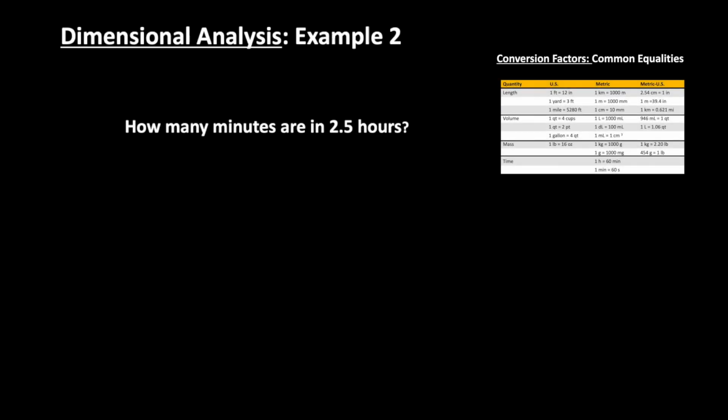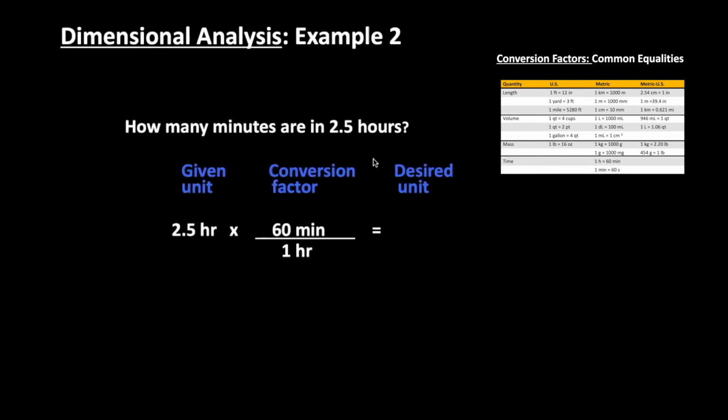Another example, how many minutes are in 2.5 hours? So first thing I do is figure out my conversion factors. You need to go from hours to minutes. 2.5 hours are given, so we'll start with that.